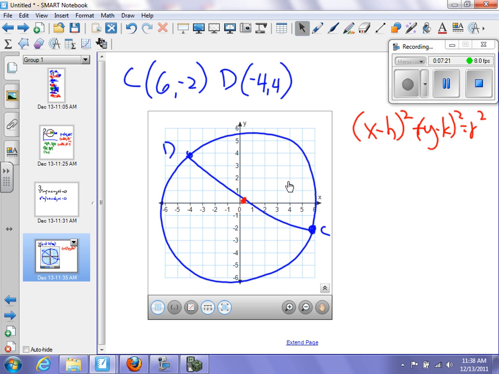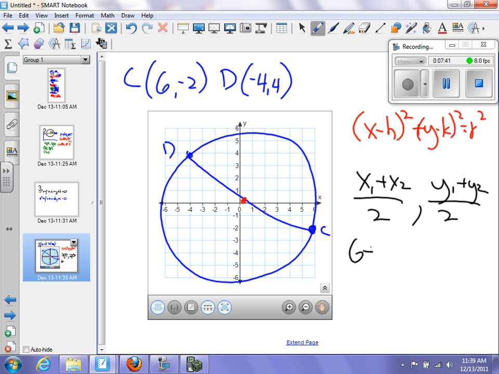Let's write it. Midpoint formula: x1 plus x2 divided by 2, y1 plus y2 divided by 2. So my x's are 6 and -4.